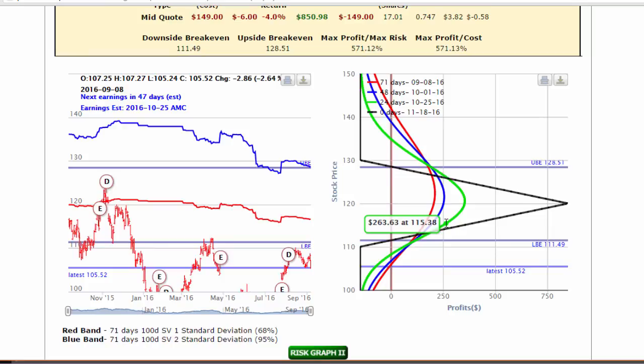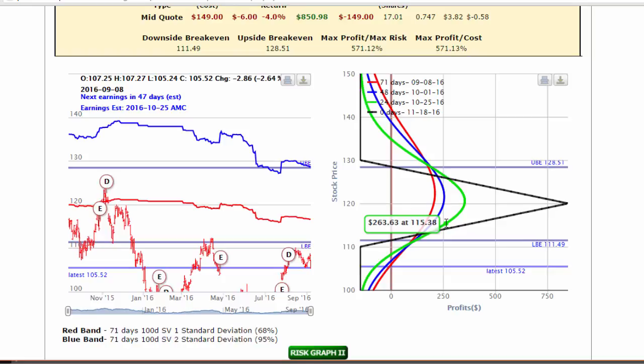And at the price point of 115, the profit is $263, which is what this particular graph shows. Remember that horizontal axis represents profit. Okay, so it's much greater than 100% return on investment, very close at our target price of 115.